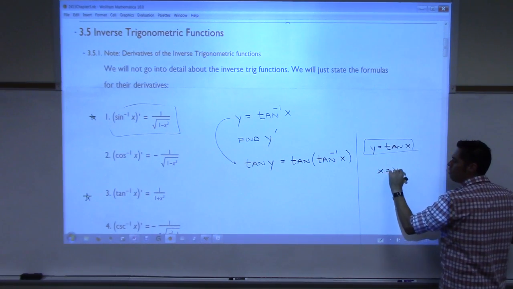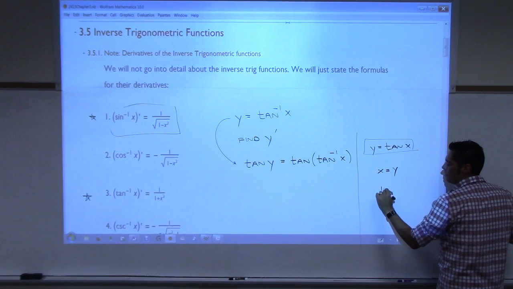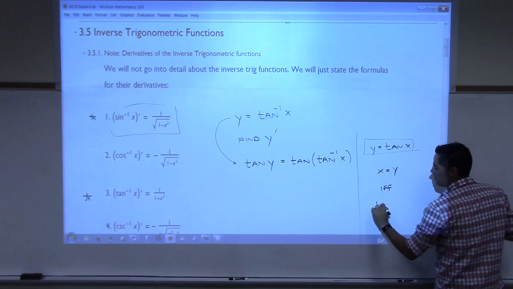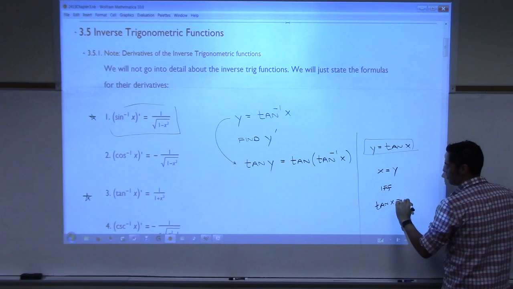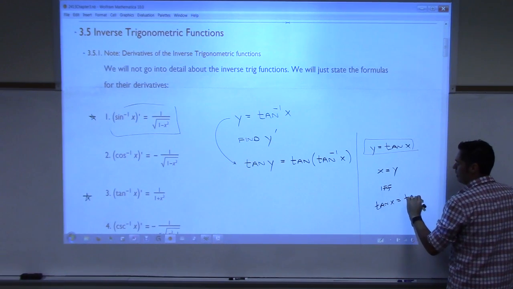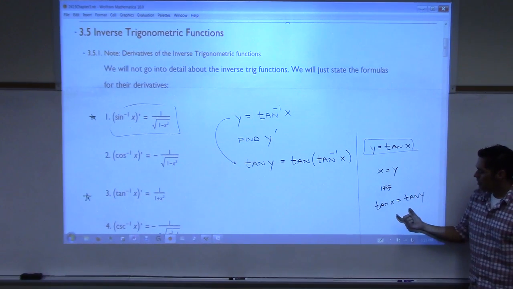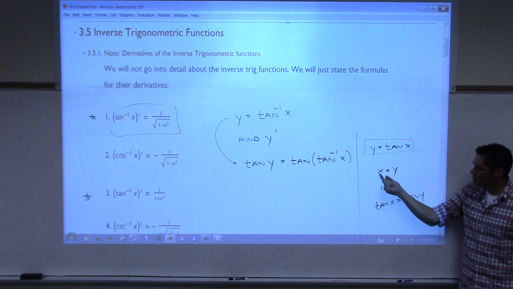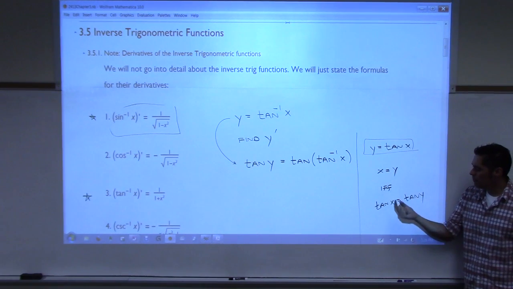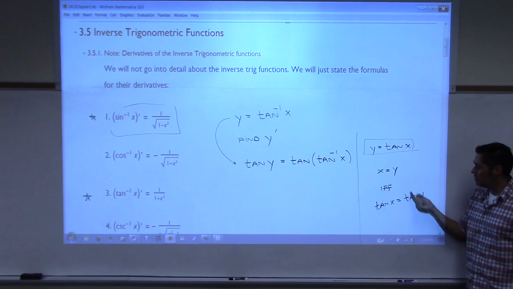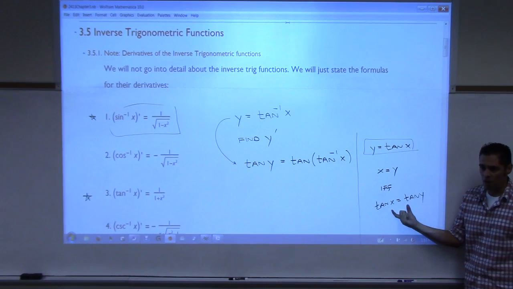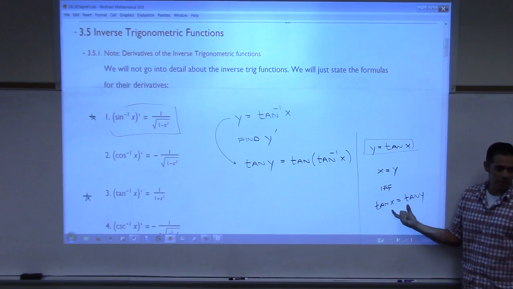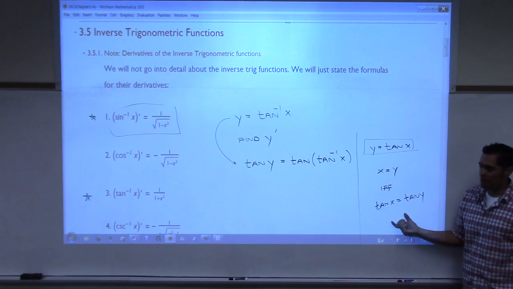Then x equals y if and only if tangent x equals tangent y. It's saying that if you have an equation, left side equal to right side, and you take tangent of the left side and tangent of the right side, you'll maintain equality. That's what we're using. The equality is held. And that's what we're doing here.